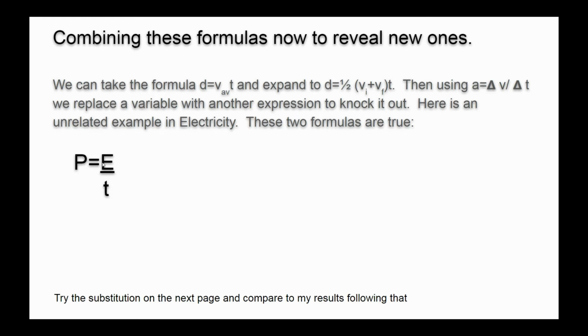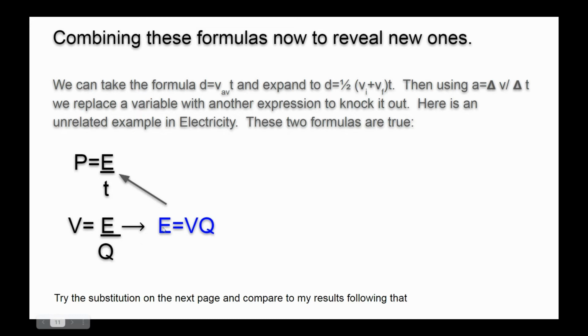So I'm going to take a formula from grade 9 electricity. Power is energy over time. Energy, though, is highly variable, like it covers all forms of energy. If you're in electricity class, though, you may have learned that voltage is defined as the energy per quantity of electric charge, or energy joules per coulomb.